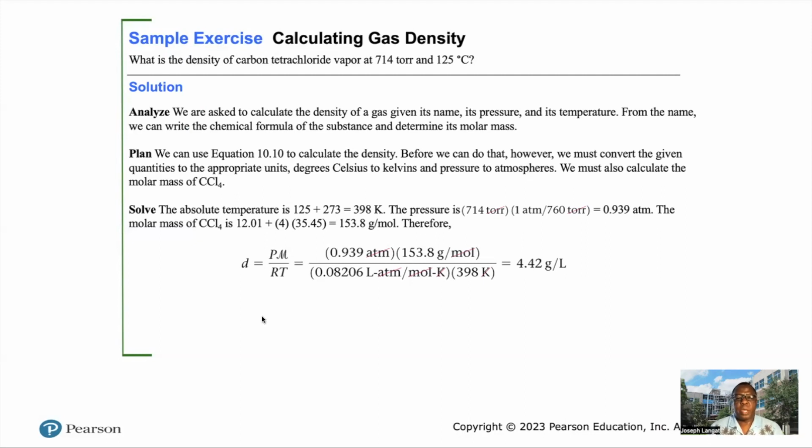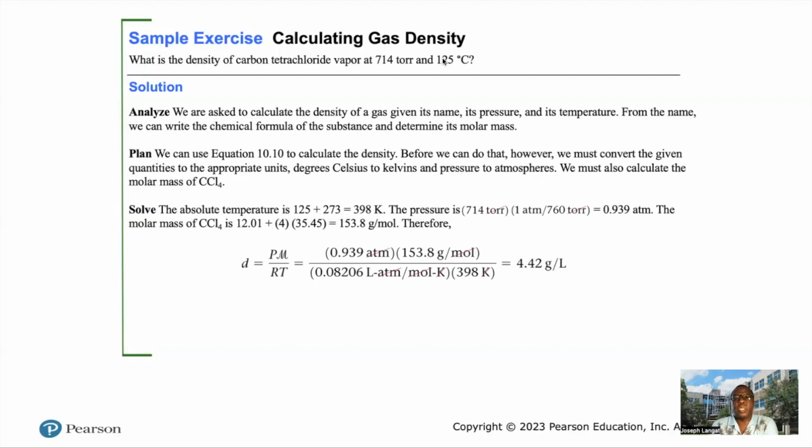You need to convert the pressure from torr to atmospheres. That's what's happening here, and this is what we need to use in our equation. For the molar mass of carbon tetrachloride, we have 1 carbon and 4 chlorine. So density is pressure in atmospheres times the molar mass over the universal gas constant times temperature.